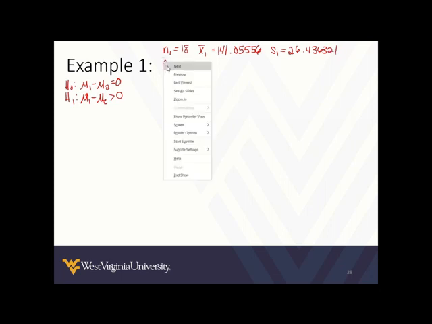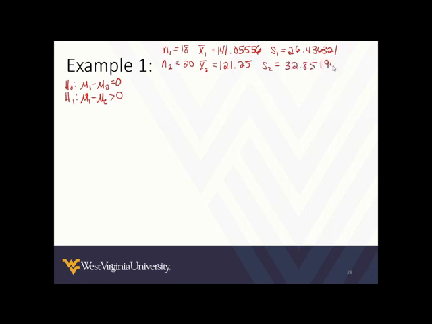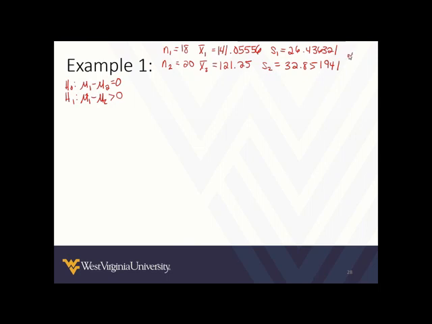For our population 2, our sample 2 statistics were n2 equal to 20. Our sample mean was 121.25, and our sample 2 standard deviation was 32.851941. And we were told that our significance level was 0.05.